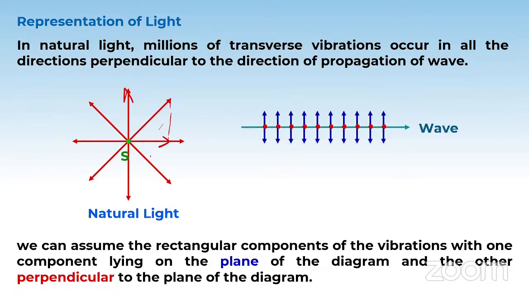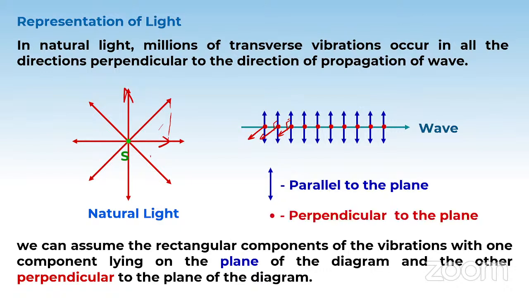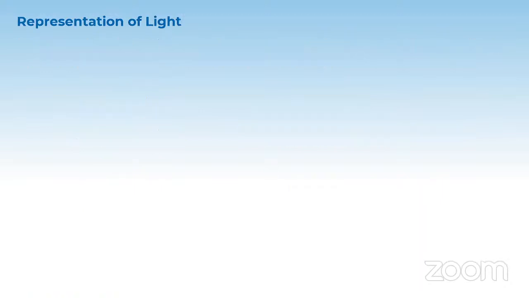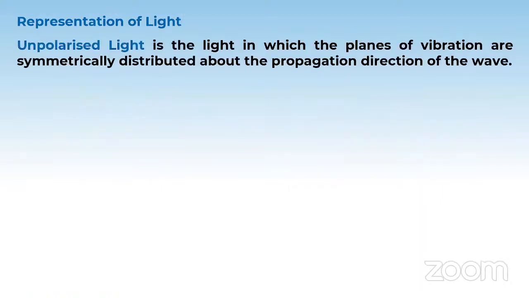Like this, so this will form a wave. These red dots are nothing but coming outward like this. These are perpendicular, 90 degrees. Okay? Red is perpendicular to the plane and blue is parallel to the plane.